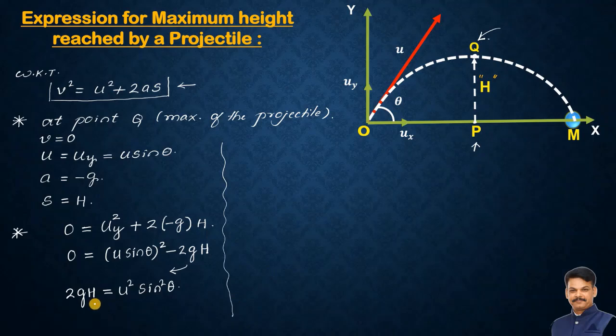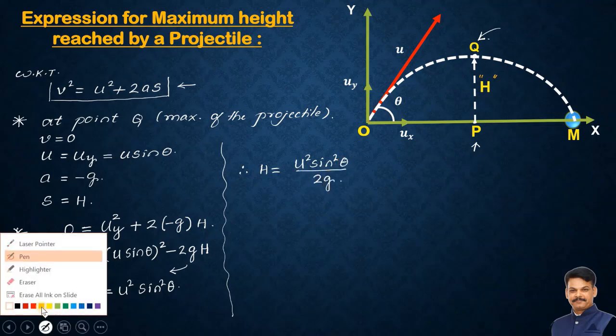Now as I want the value of h, I just shift 2g to the right hand side. Then h will be equal to u square sine square theta divided by 2g.